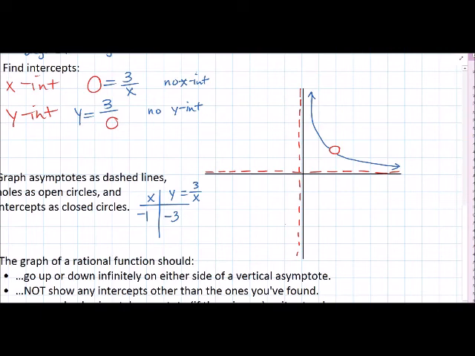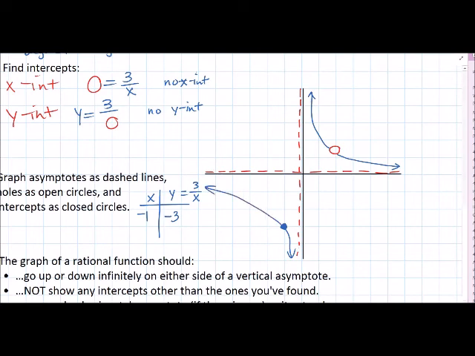So the point -1, -3 is a point on the graph, so that gives me a point in that missing section. Again, the graph should go up or down infinitely along the vertical line. I know it has to go down because if I made it go up, I would be creating an x-intercept that's not supposed to be there, and then it's supposed to follow the horizontal line out to the side.